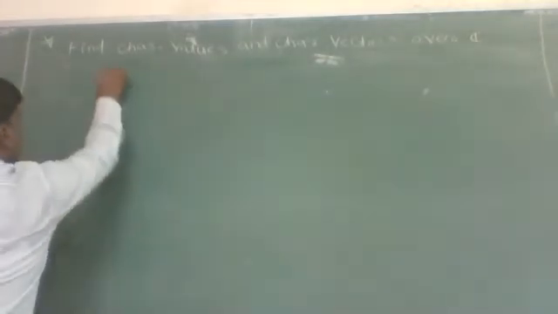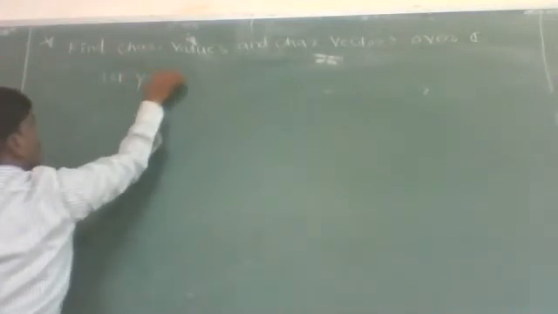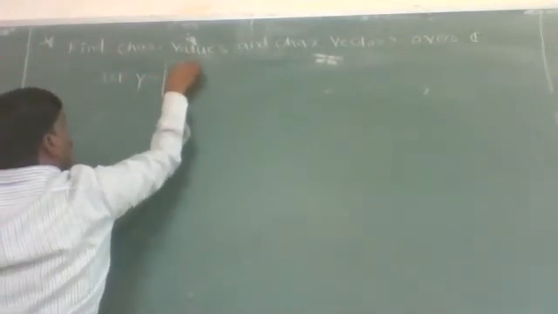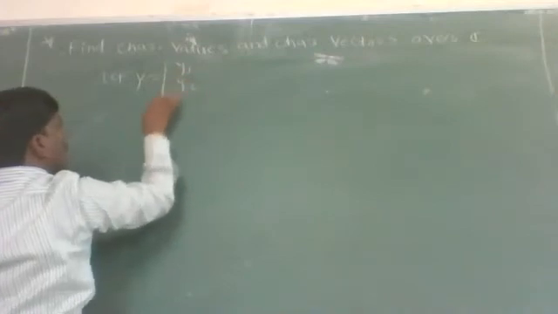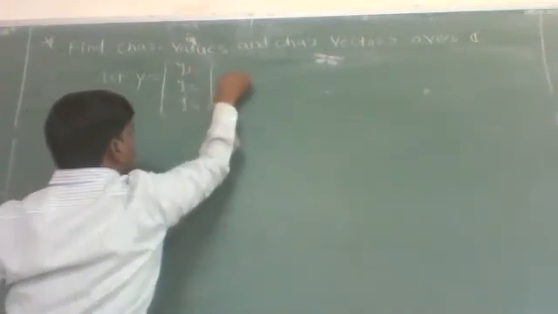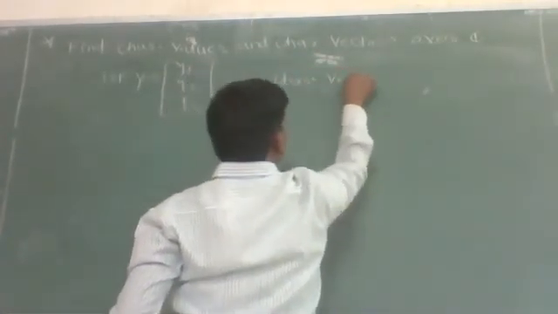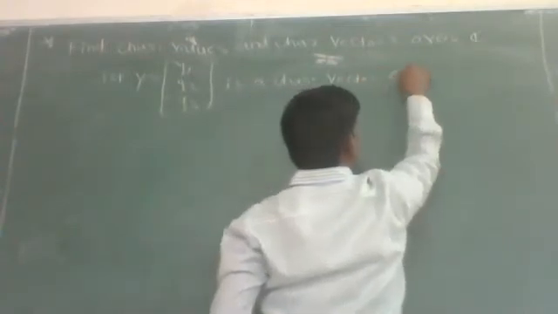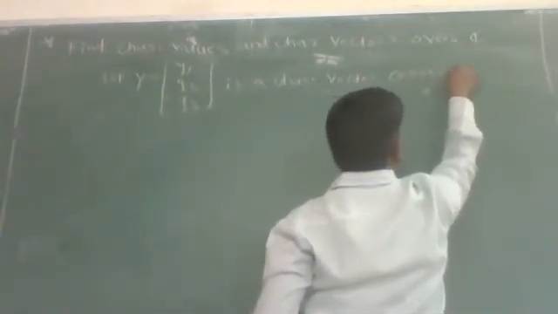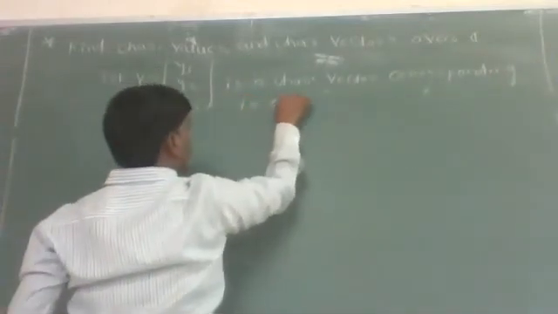Now let Y equal to y1, y2 and y3 be a characteristic vector corresponding to eigenvalue 2.